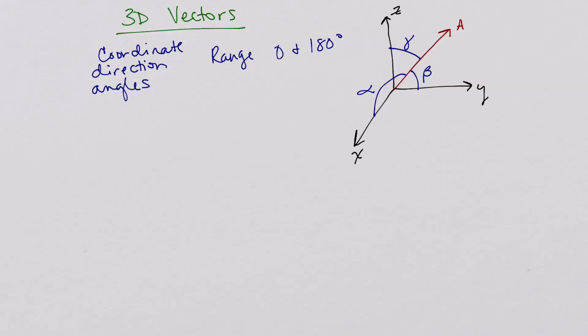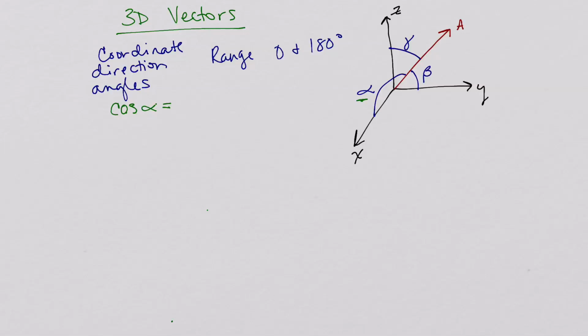Using trig, we can figure out these relationships, and I'm just going to write them down for you. The cosine of alpha equals, so that's the cosine of this one.